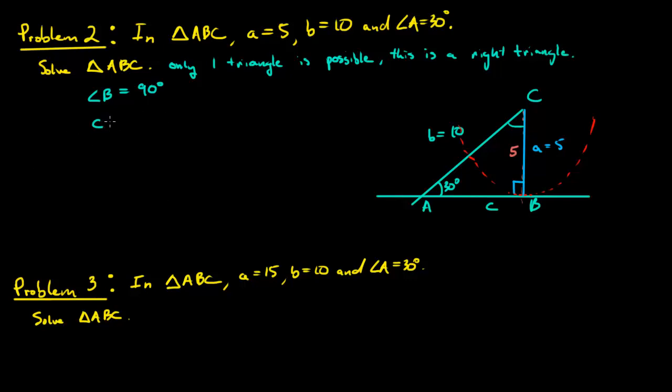So let's do angle C, which I should write as uppercase. Angle C is going to be equal to 90 degrees minus angle A, which is 90 minus 30. So angle C is going to be equal to 60 degrees. And then we want to figure out what side C is.